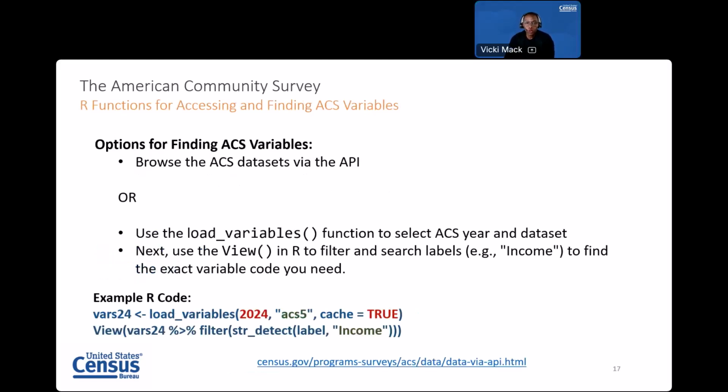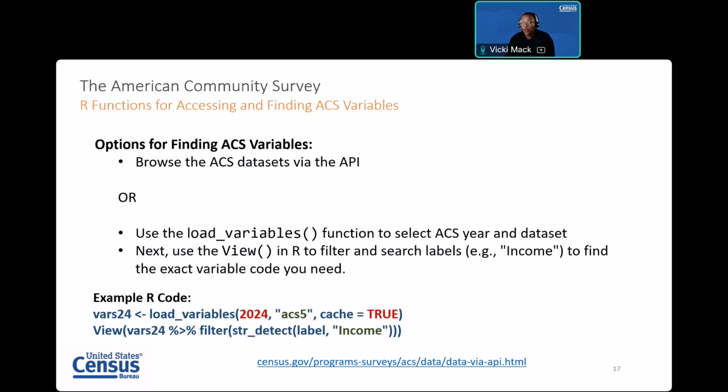Now, if you're not sure what ACS variables you can or want to map, you have a couple of options. You can search the Census Bureau's API tool to find variables at the link shown here. That's one option. You can also use the load_variables function in R to select the ACS dataset and year. For example, you may be looking to map income data from the 2025 5-year estimates.